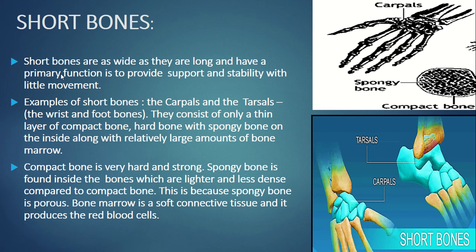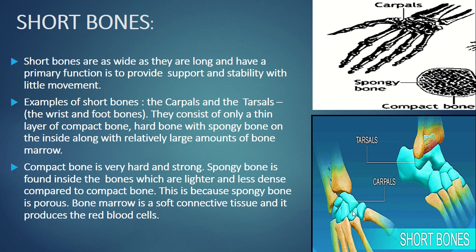Imagine that you are lifting a 5 kg weight, and that little movement is supported by our hands. That is mainly supported by the short bones. Examples of short bones are the carpals and the tarsals. The carpals are the wrist bones, and the tarsals are the foot bones.